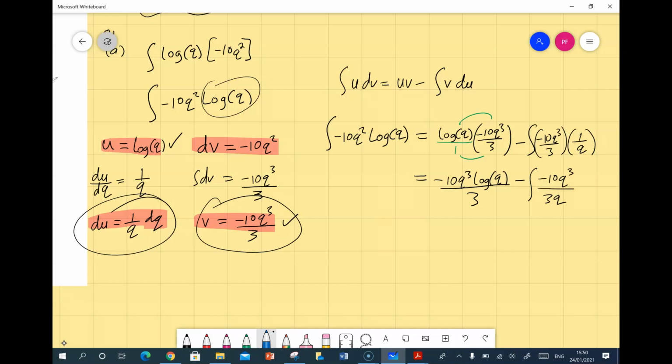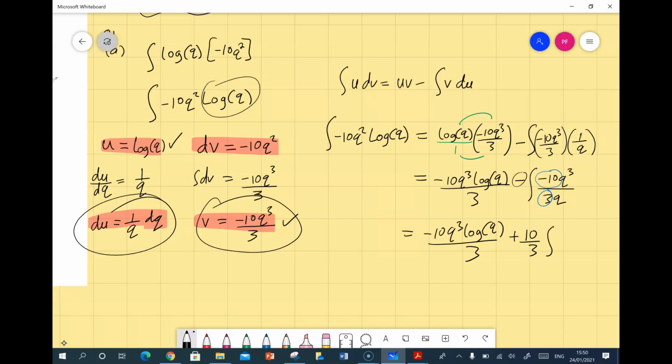Now, in the next step, when I'm tidying up, I'm going to remove my minus 10 and my 3 outside. So I have minus 10q cubed log of q over 3. The minus 10 comes out, so I'll get a plus because I have minus here as well. So plus, and my 10 and my 3 come out, so 10 over 3 times the integral.